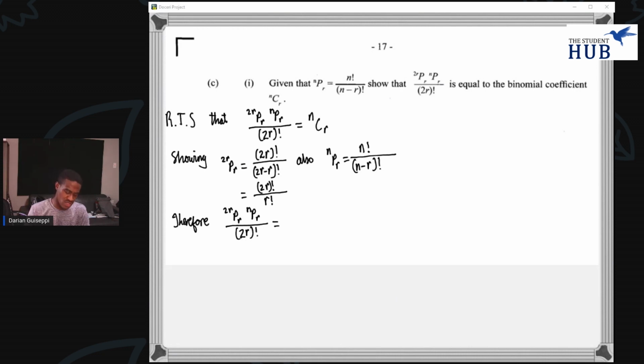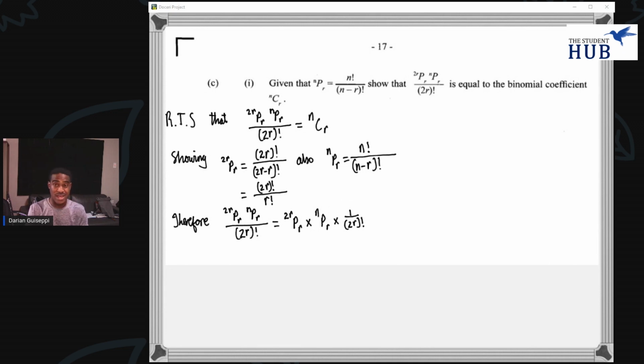So what I'm going to do is rewrite this a little bit differently. This numerator here is the same as 2rPr multiplied by nPr, which could also be multiplied by 1 over 2r factorial. So I'm just rewriting it.